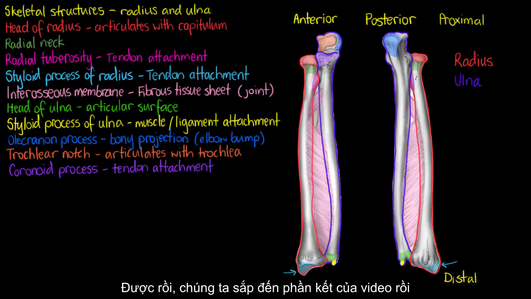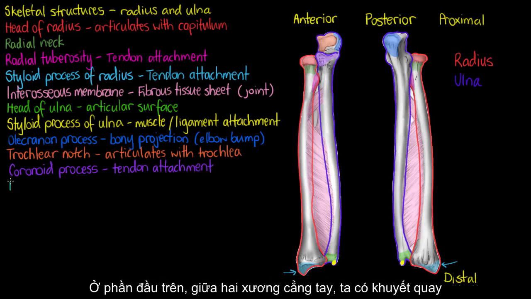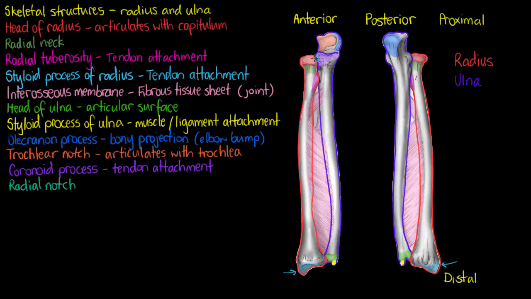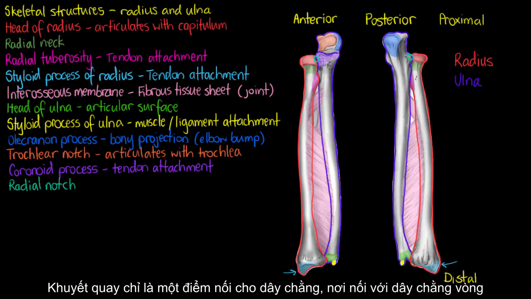Okay, we are nearing the end of our video now and the end of the structures we have on the bones of our forearm. So the end is in sight. We have our radial notch, which is going to be right up here. And the radial notch is just the ligament attachment point where we are going to attach our annular ligament.